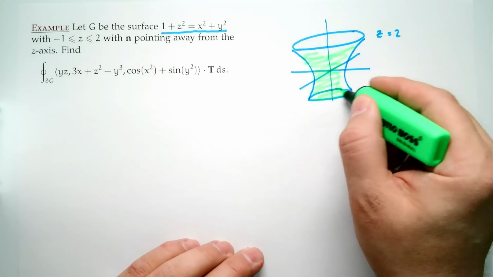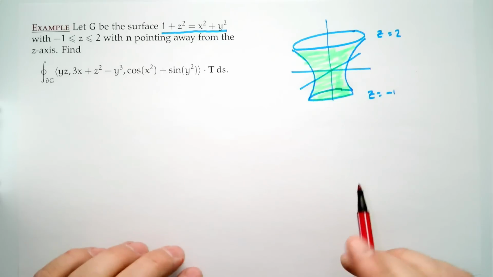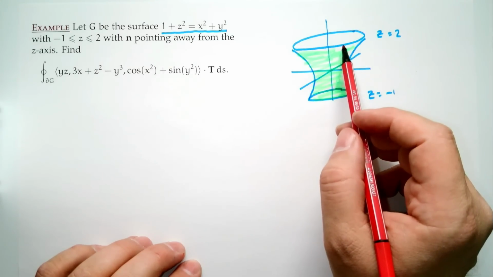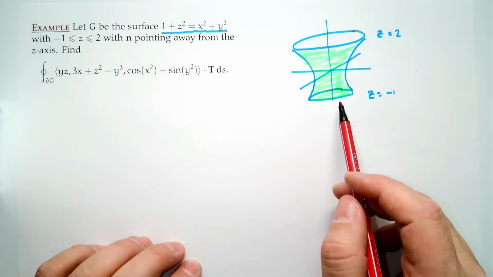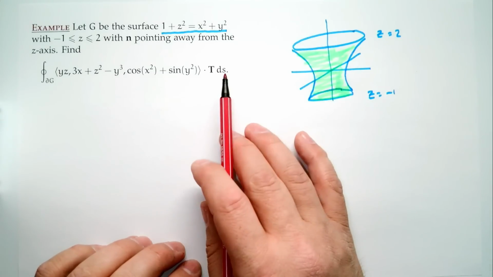And now we can talk about our boundary. Well, what's our boundary? Our boundary is actually 2 parts. We have a boundary up here and a boundary down there. So there's a circle at the top and a circle at the bottom. Now let's talk about our orientation.